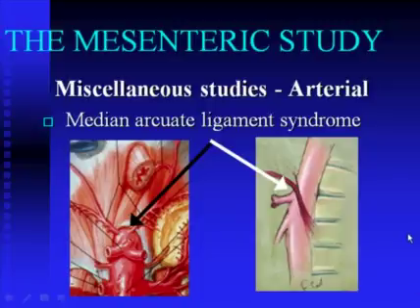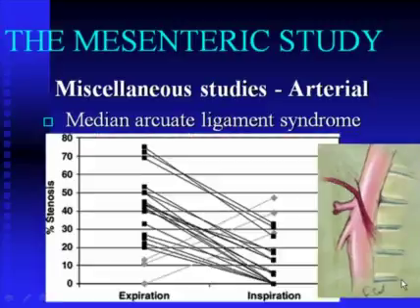A few of the other things you might run across on the arterial side, one is median arcuate ligament syndrome. It's a compression syndrome in which the median arcuate ligament, right here sitting above the celiac trunk, extrinsically compresses the celiac artery, which can compromise flow in the celiac trunk.